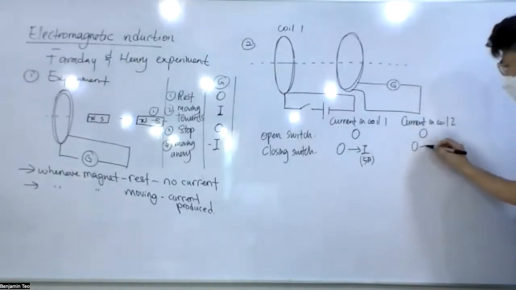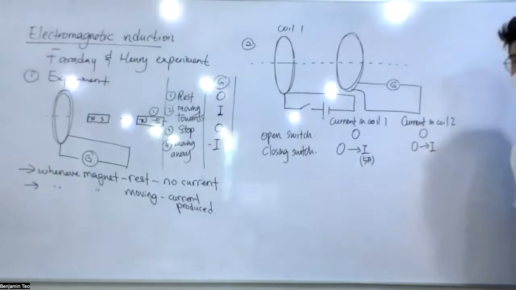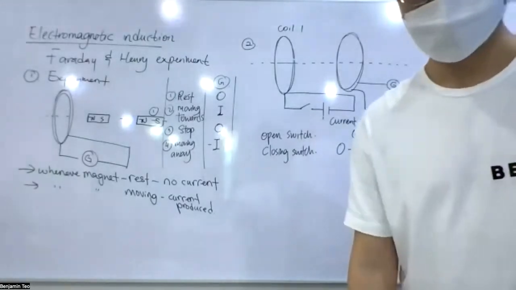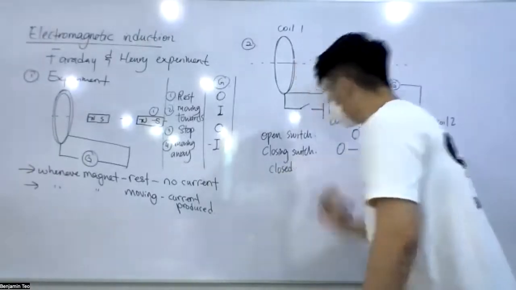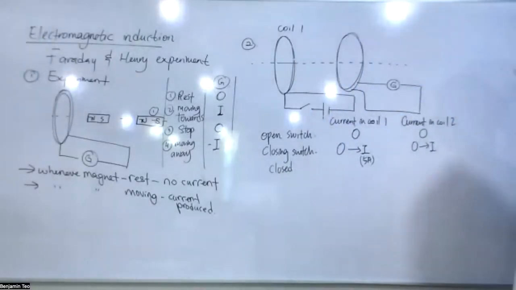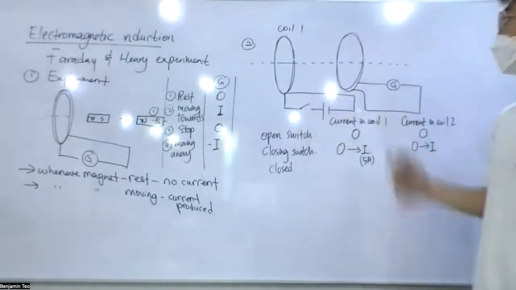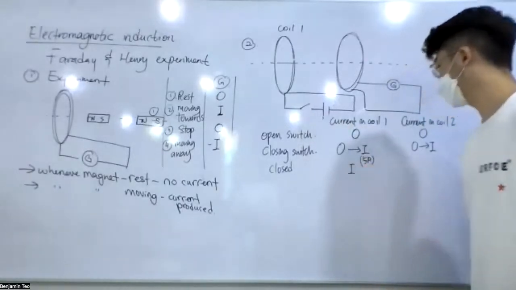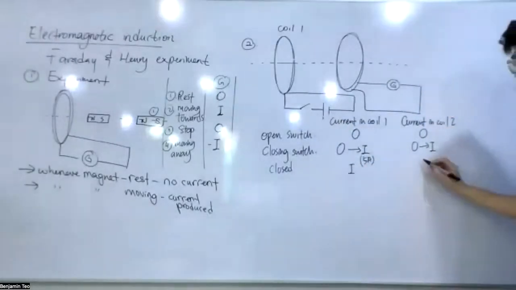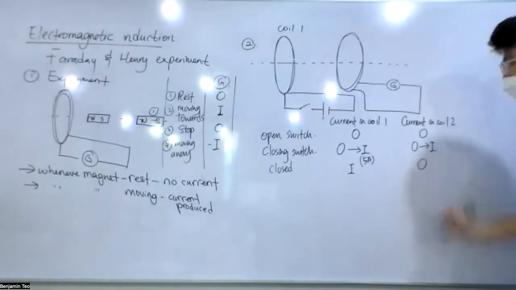Again, current increases from 0 to 5. When the switch is closed, is there any current flowing in coil number 1? Yes, there's current flowing. But here we see this one is 0.